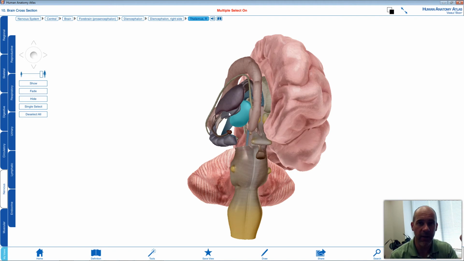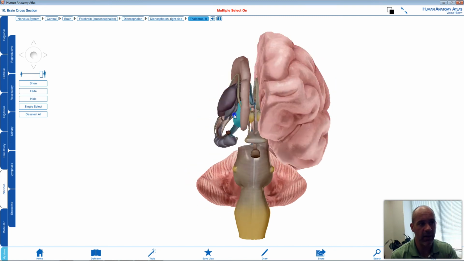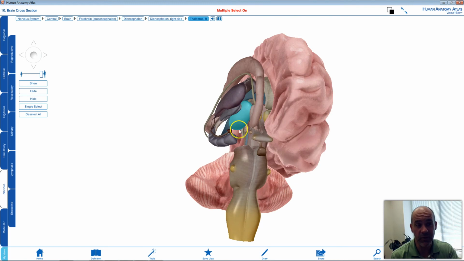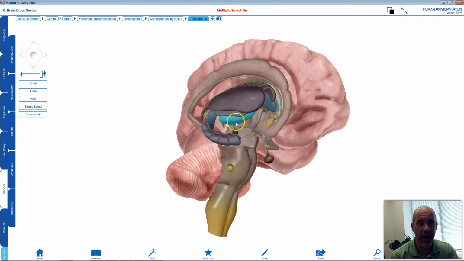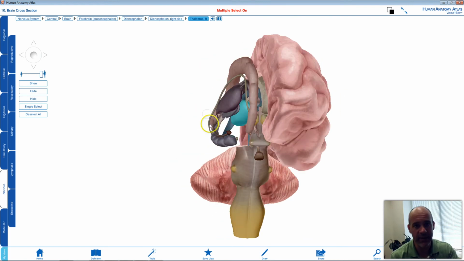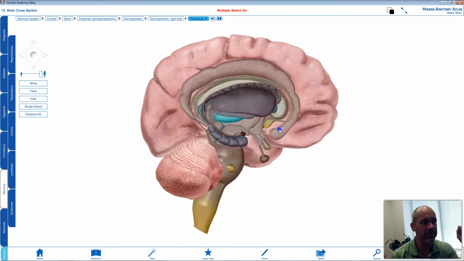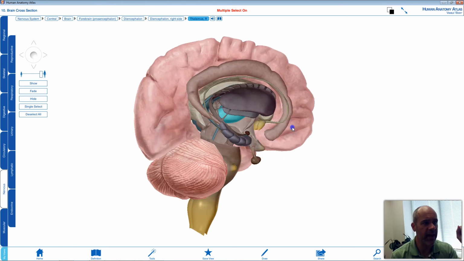Most of them are areas involved in your emotional centers and are parts of the limbic system. You don't have to be able to identify all of those. So basically, if you see a structure like this that's in this part of the brain and it's highlighted for you and it kind of looks like an egg, that's the thalamus of the brain. So that's part of the diencephalon.